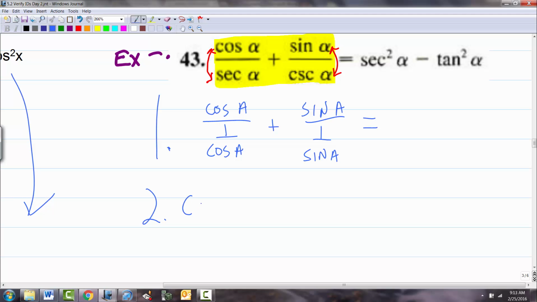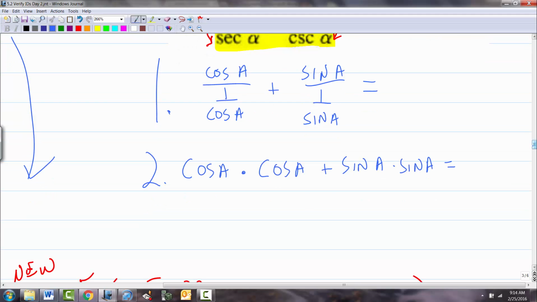This is the same thing as cosine of A divided by 1 over cosine times cosine. Oh, wait a minute. This isn't going anywhere. This is wild. By the way, I changed the alphas to A's, right? What's cosine times cosine? I should have just written that, but I guess I'm forcing myself to write it. This is weird. What am I supposed to get? What am I supposed to get?